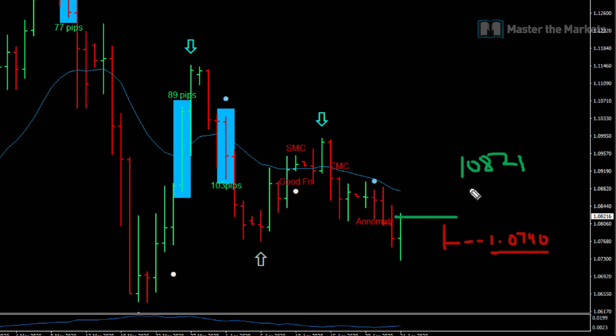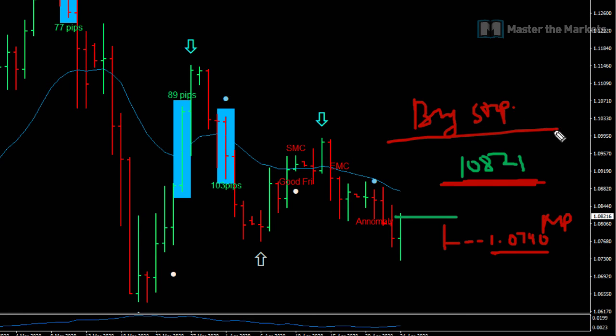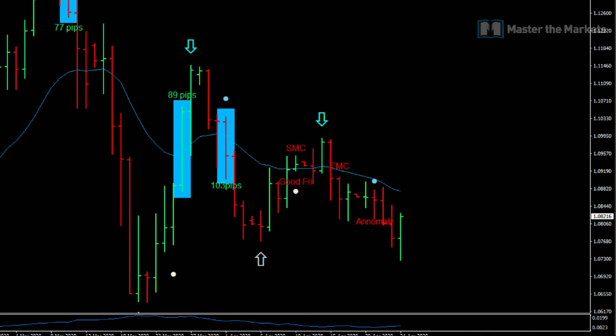But you want to now enter at this price. So what are you doing? Market price is at 107.90. You want to buy at a higher price than where the market is. Then what is that? That's a worse price, isn't it? So therefore, that's a buy stop. You put a pending order as a buy stop. Okay, that's what you do.